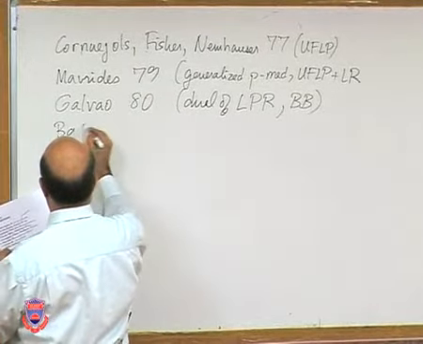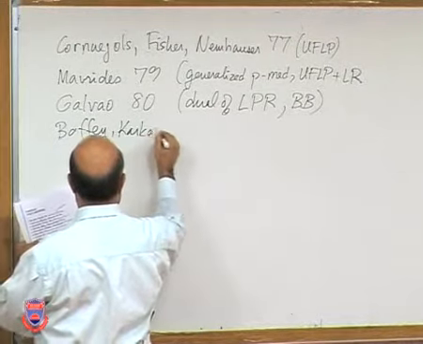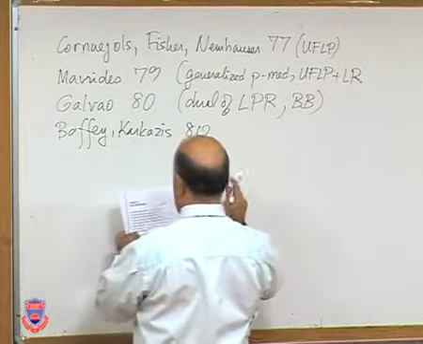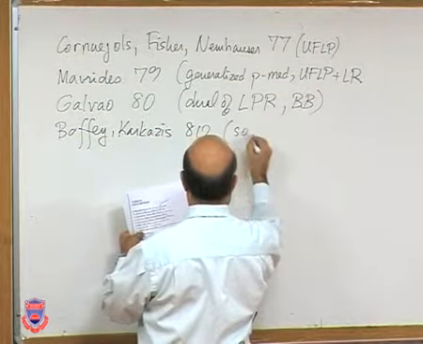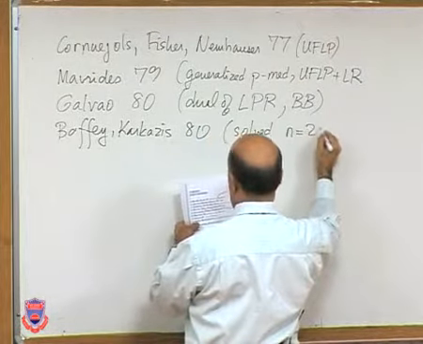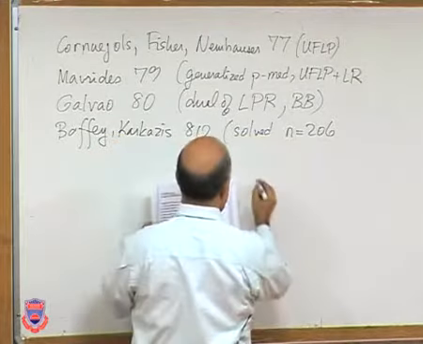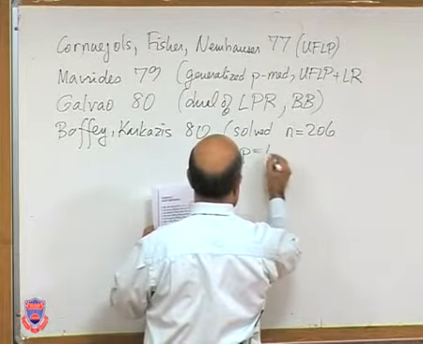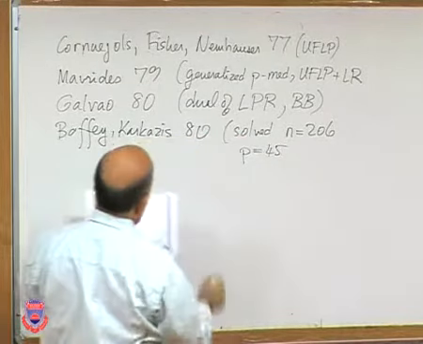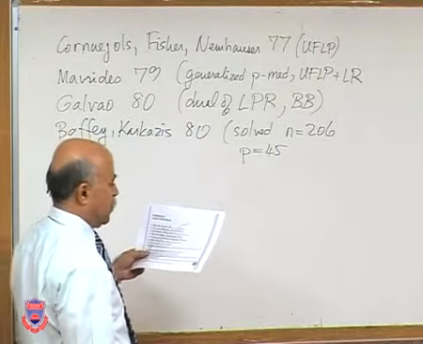Karkazis, in 80, solved a problem that has 206 vertices and 45 facilities. They used, again, the uncapacitated facility location problem with variable fixed costs.